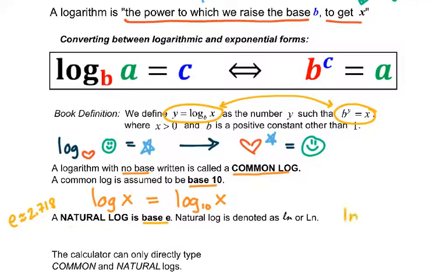We don't like to write lowercase because it starts to look like a 1n in that situation. So if you see ln x, that means log base e of x.